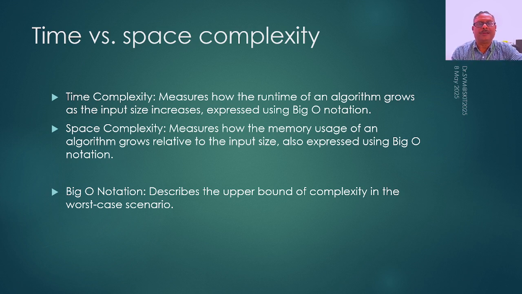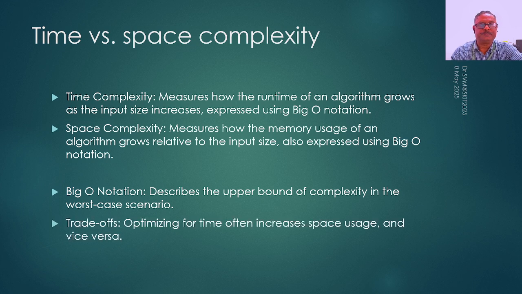Therefore, usually we prefer to work on the worst case situation, and hence big O notation is commonly used, and it is easier to identify what the worst case could be. So it will be easier to work with big O notation and so on.